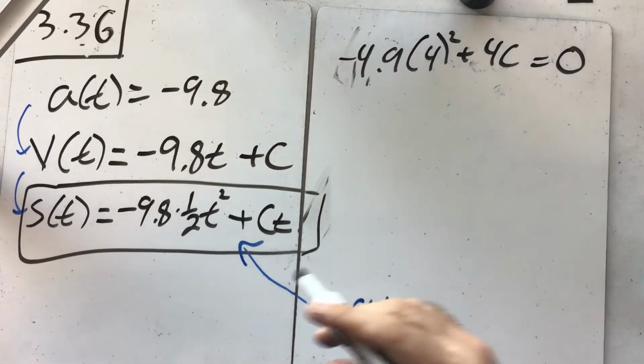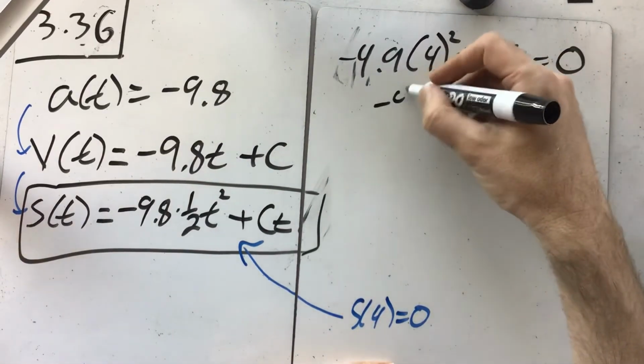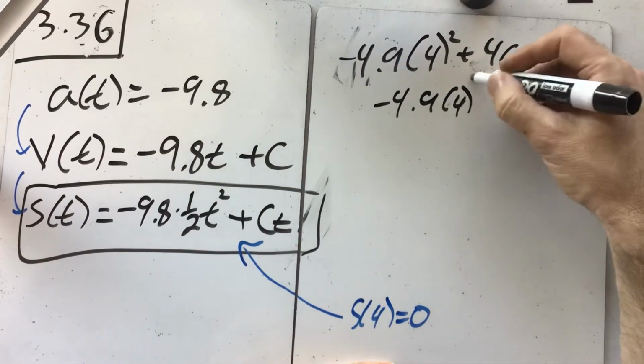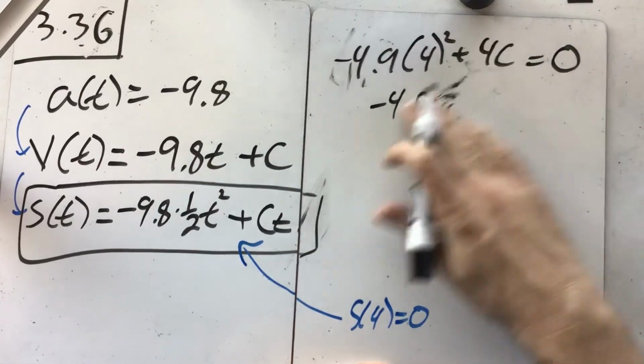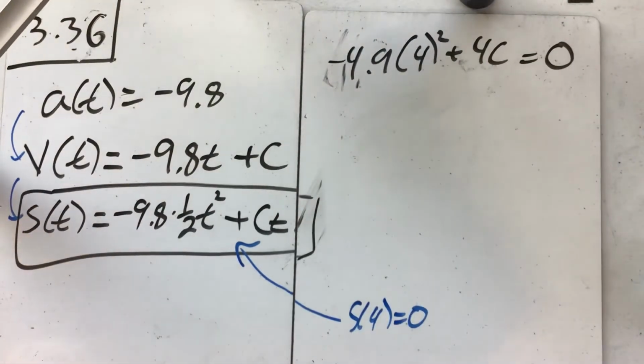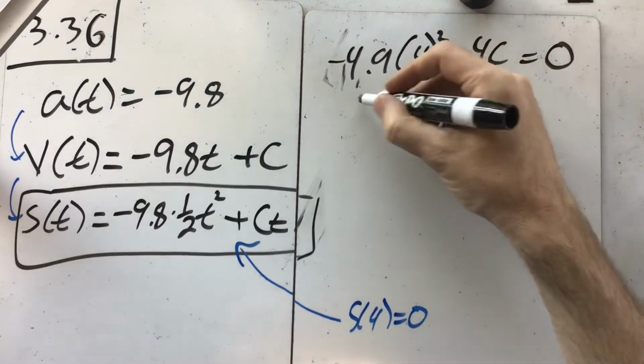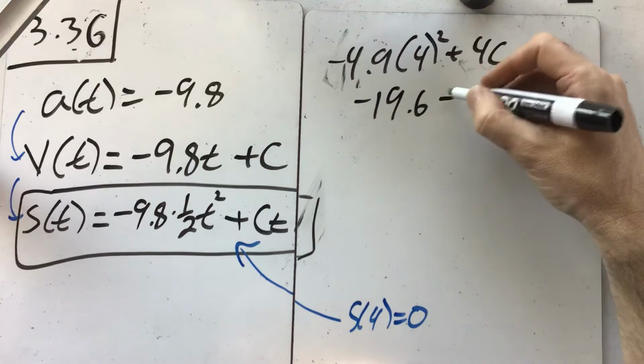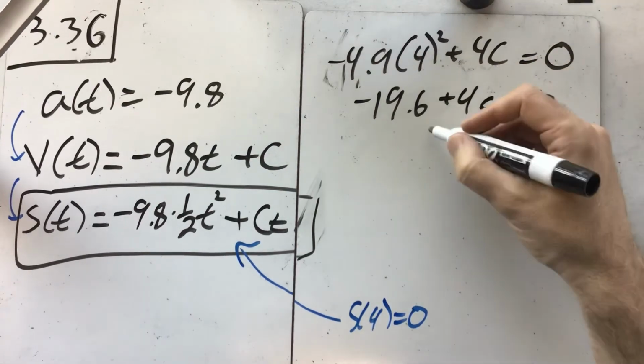This isn't too bad. I get negative 4.9 times 4 squared. What is negative 4.9 times 4? I think it's 19.6, is that right?